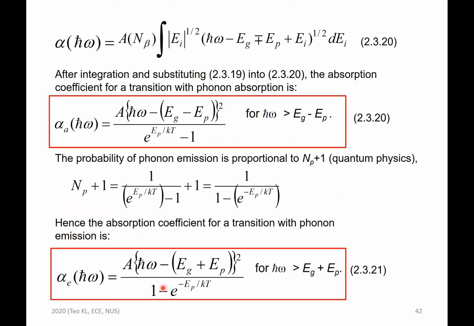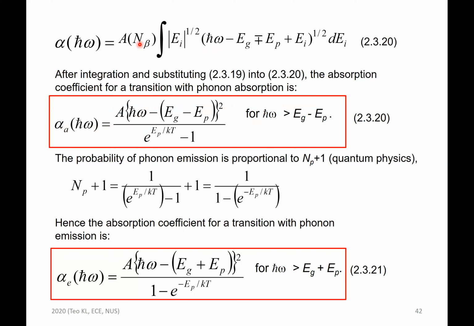So by taking the initial density of state multiplied by the final density of state, and then integrating over all possible combinations due to absorption or emission, and then multiplying by a factor due to the phonon number from Bose-Einstein statistics, this n will involve temperature.